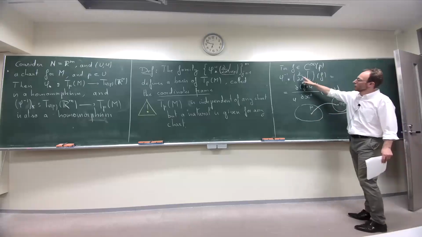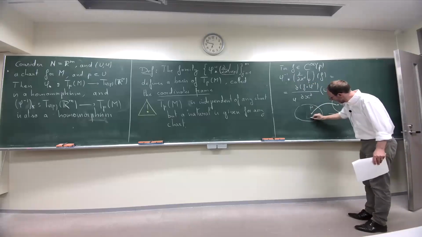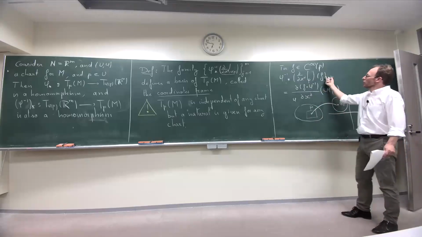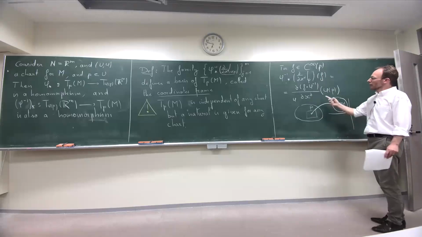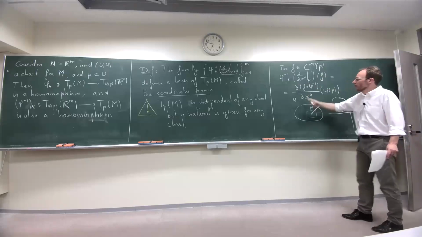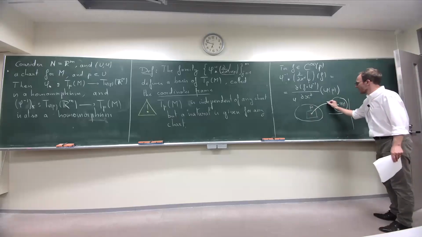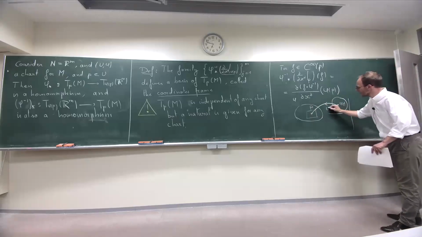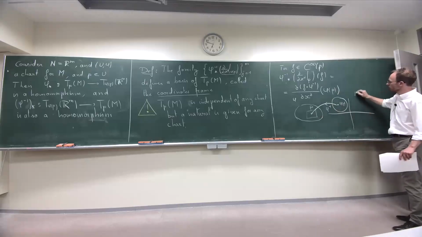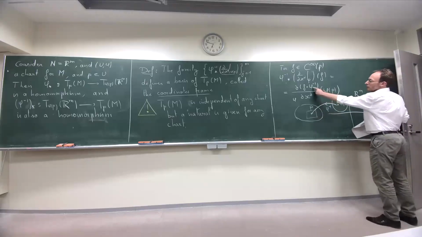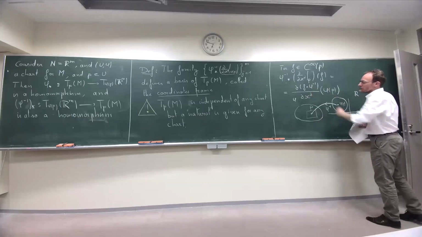So let's check. We have the tangent space, and we want to apply it on f. I use this formula, which is what we have defined. But just check that this is completely well defined, in the sense that phi^{-1} is a function from R^m to the manifold, and then you compose with a function defined on the manifold.